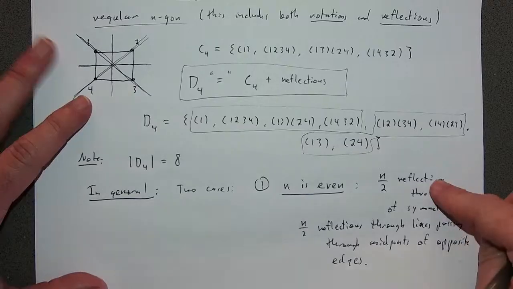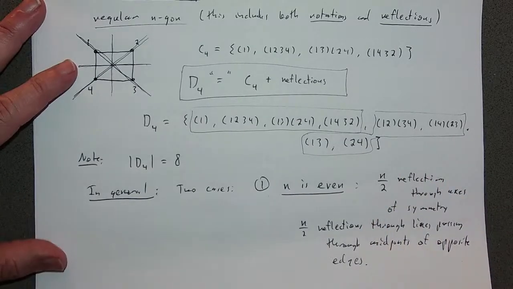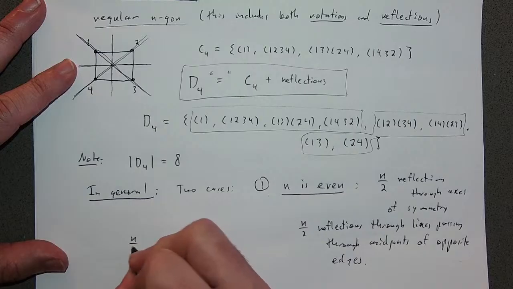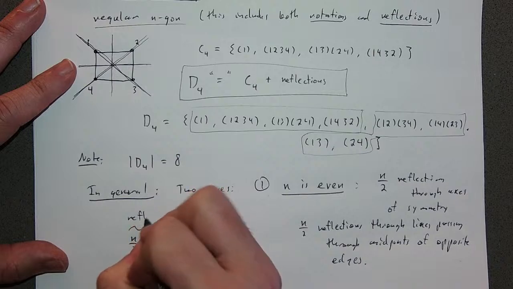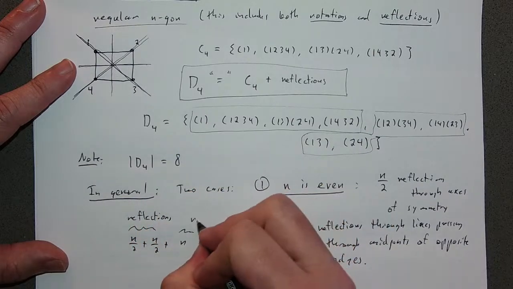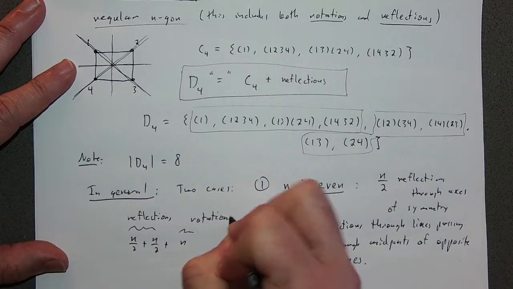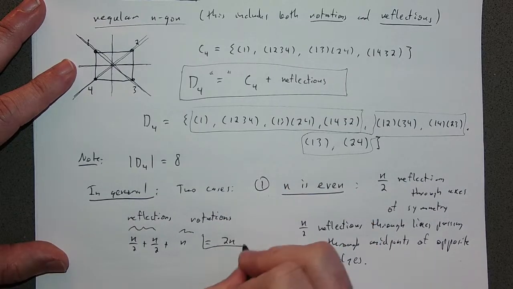So I get 2 of these types of reflections, 2 of these types of reflections, plus n of the rotations, right? So I get n over 2 plus n over 2 plus n. So these are the reflections, and these are the rotations. So this is in total 2n.